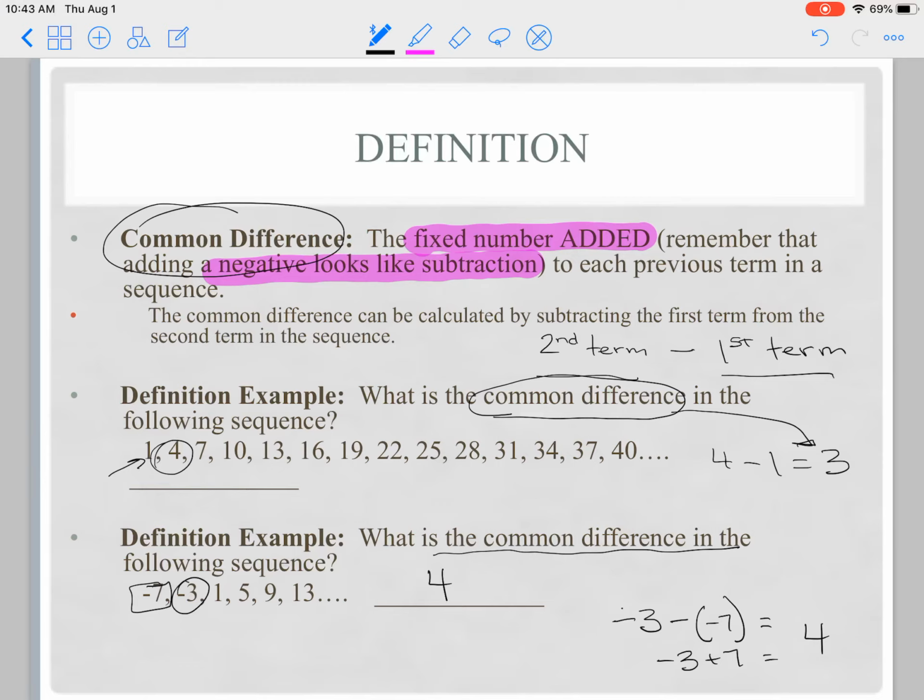So our common difference is 4. And we can pick any two numbers in our sequence as long as they're beside each other, and we can check to make sure, hey, is this really what our common difference is? So in other words, right here, if we choose the 5, 5 plus 4 equals 9. So that's just a little check to make sure that your common difference is correct.